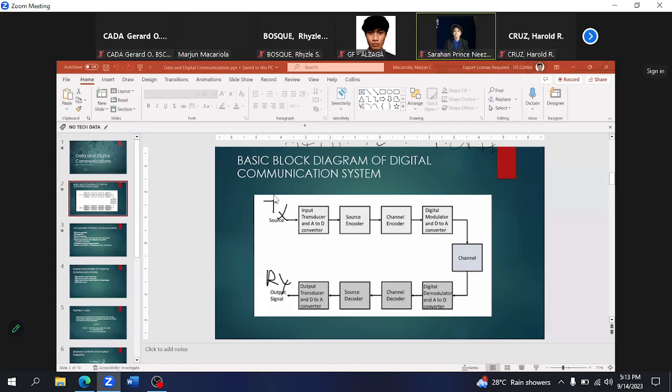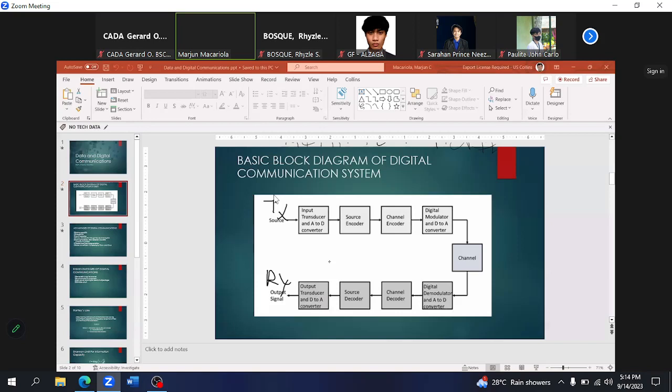Clear? Yes sir. Okay, so magiging input niya, so that analog signal will be converted into a digital signal. Okay? So ito ay digital signal. So ang output mo yung electrical signal. Okay? So during our last discussion, I already mentioned some types or examples of transducers.